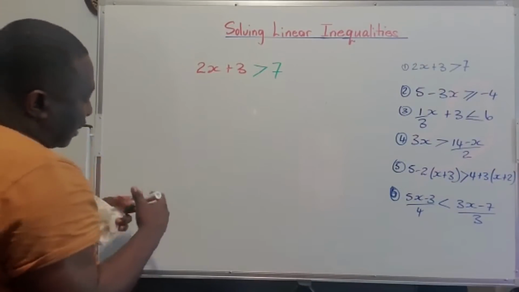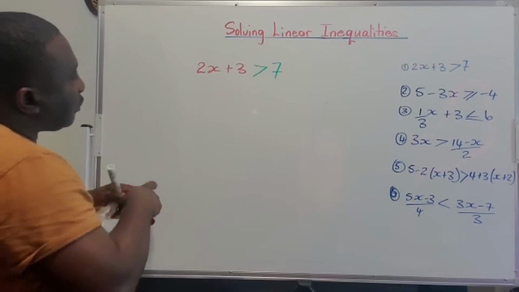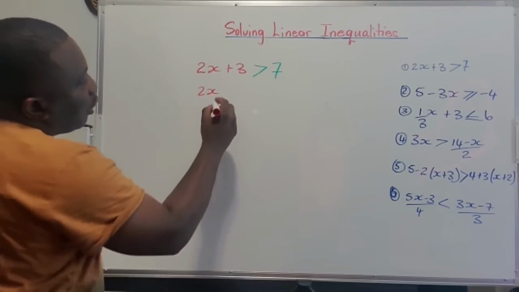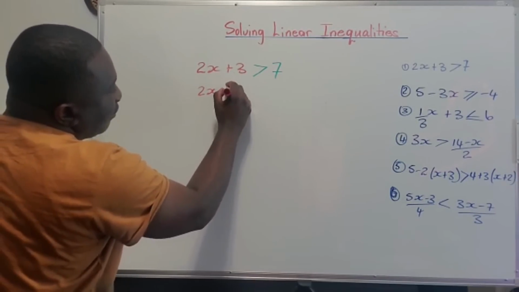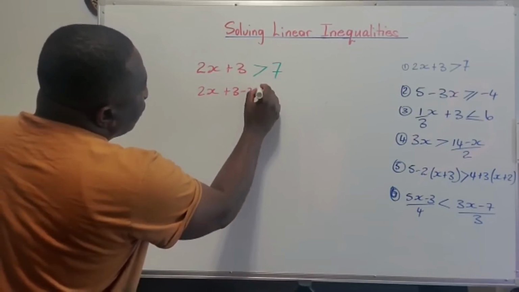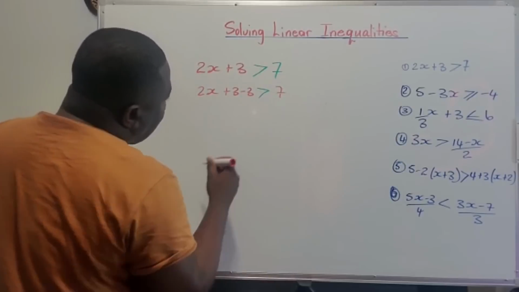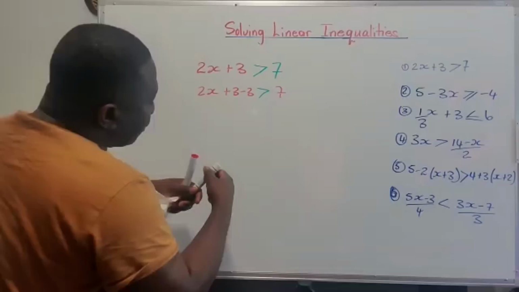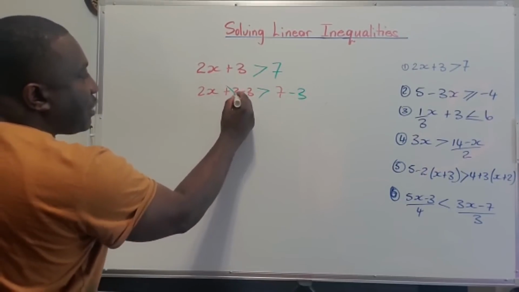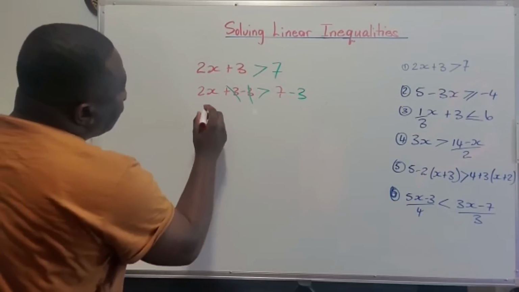What we'll do, guys, is leave our 2x on one side, so 2x, and subtract 3 from both sides. Positive 3 with a negative 3 will give me 0 here.